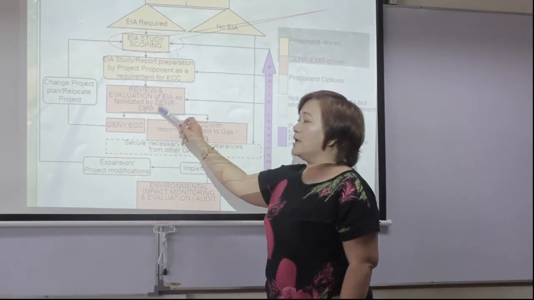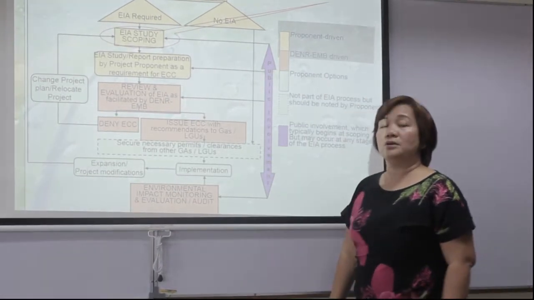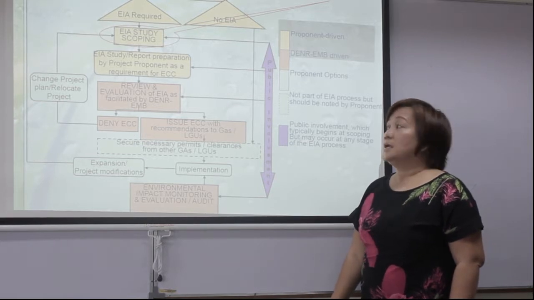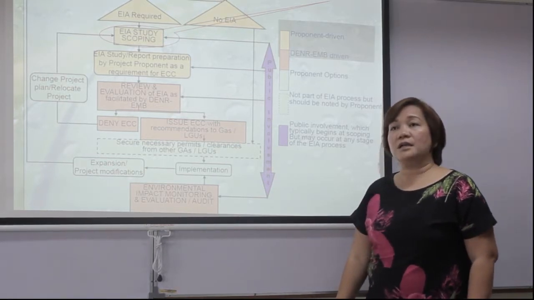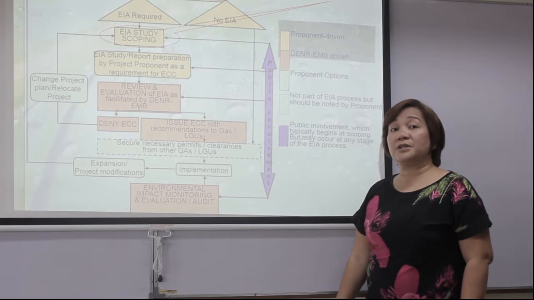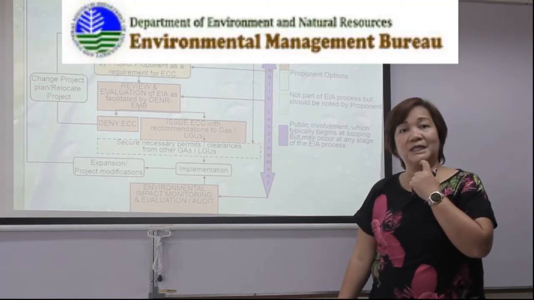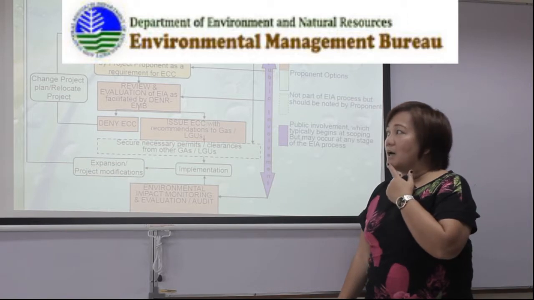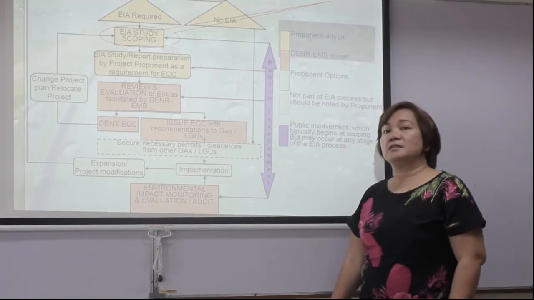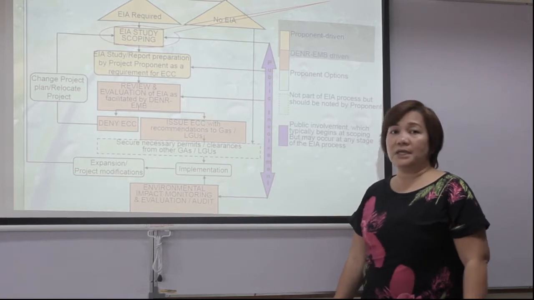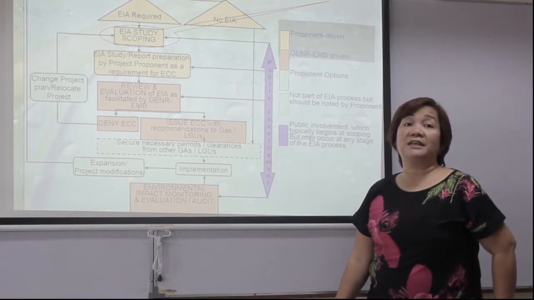The DNR EMB, as mentioned a while ago, will be hiring EIA reviewers. So these are actually experts on the different fields. So let's say you're putting up a mining company or a mining plant, they have to get someone that is an expert of mining. So normally, they get from the academe.